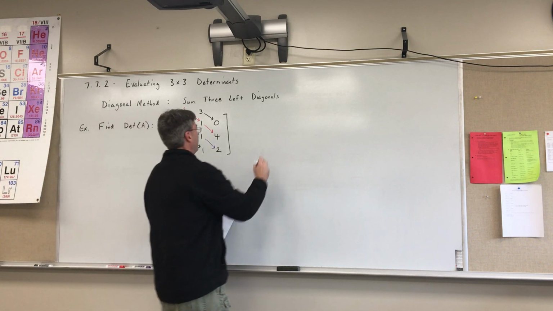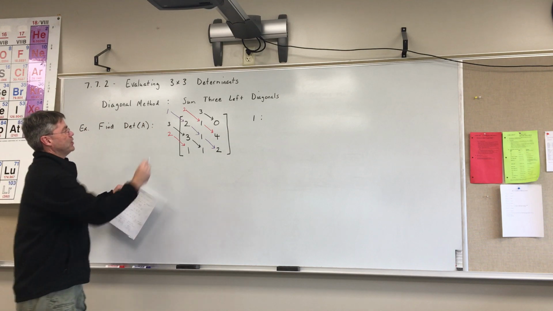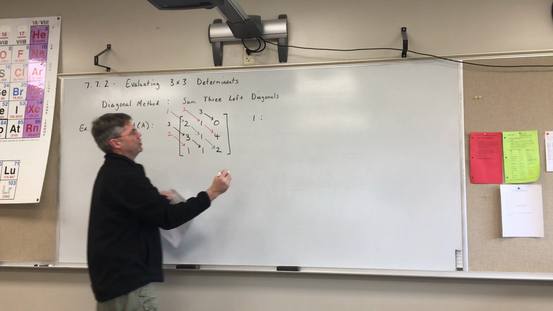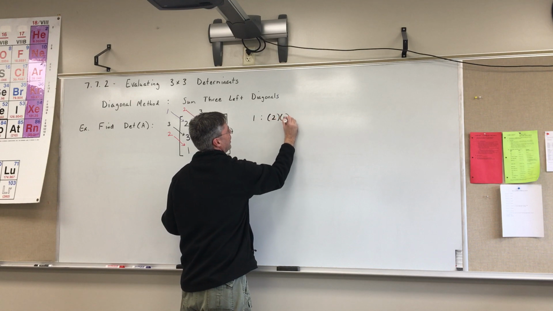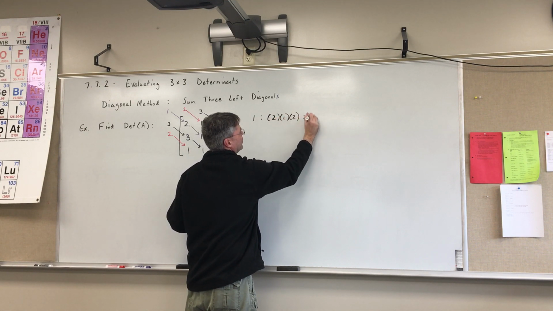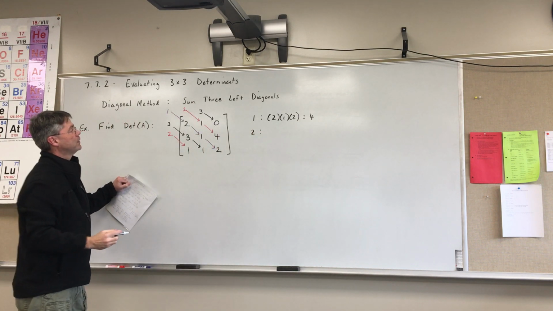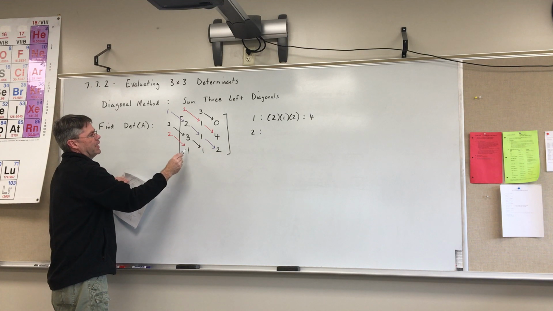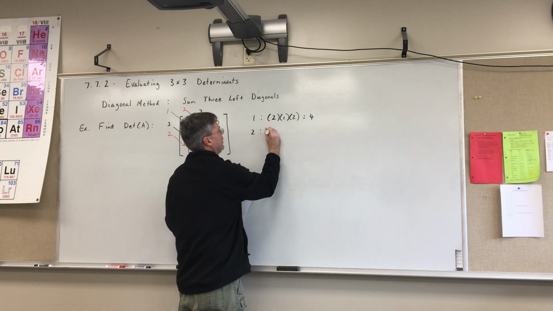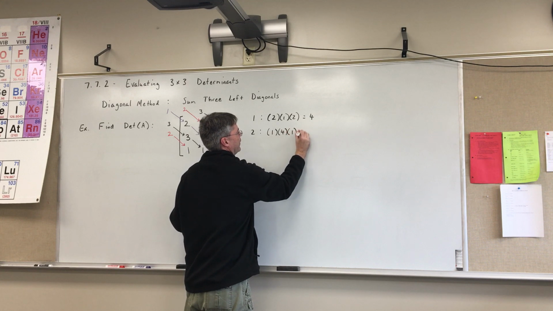Okay, so for diagonal 1, I've got 2 times 1 times 2. So that's 4. Diagonal 2, okay, that's the one in red here. 1 times 4 times 1. So that's 4.